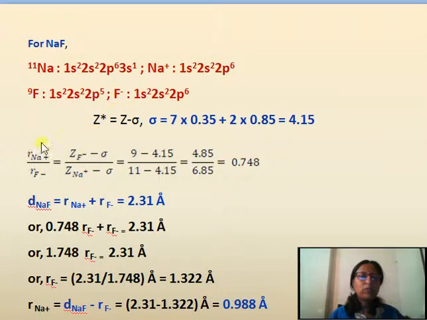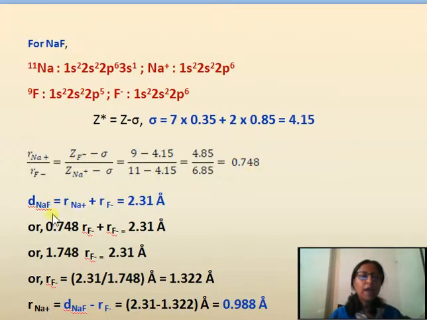Now we can calculate Z star separately for Na plus and F minus. We put these values in equation 1. The atomic number, that means the nuclear charge, of fluorine is 9, and in the case of Na plus it is 11. We subtract the sigma value 4.15 from each, and the ratio becomes 0.748.